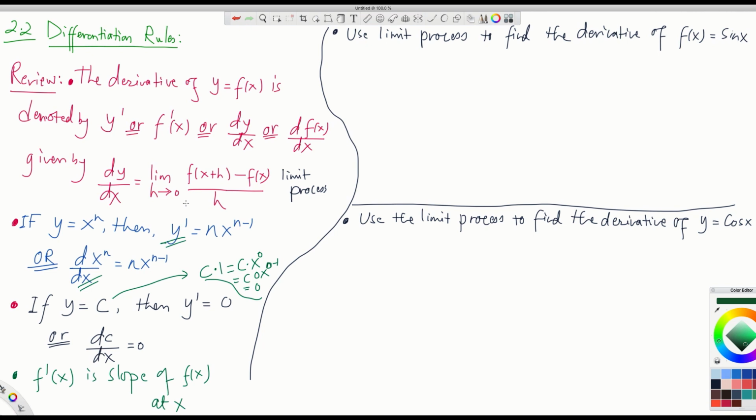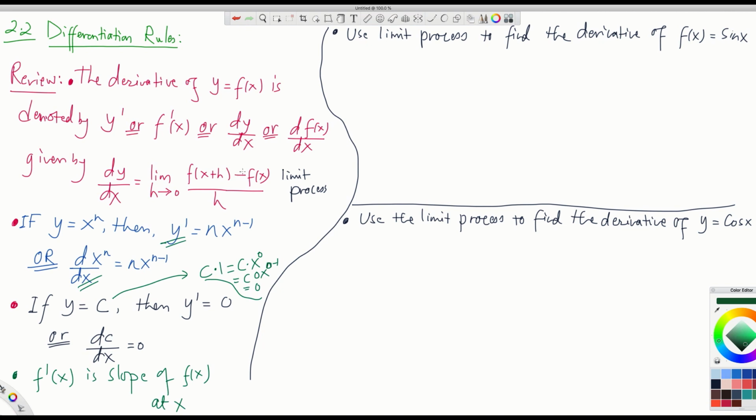The limit definition is usually used to find the formula of the derivative of different types of functions. When we do problems finding the derivative, we don't use the limit definition. There are shortcut ways, where we use the formula directly. But to derive the formula of the derivative of a function, usually at first we use the limit definition, or the limit process.